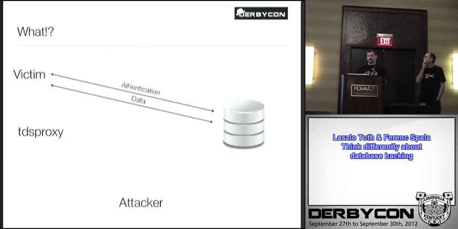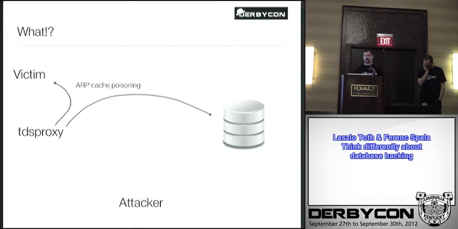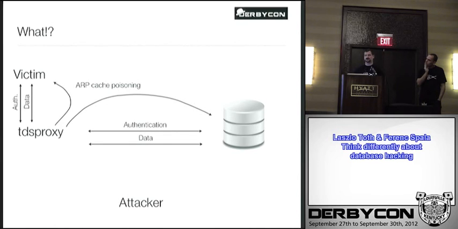The normal way the victim connects to the database, authentication and data exchange happens in the database. You can initiate a classic cache poisoning attack, IP tables kung fu, and you can convince the client to connect through the TDS proxy. Unfortunately, I couldn't find the exit or quit message in the TDS protocol, so therefore you have to tell the TDS proxy you would like to hijack this connection.